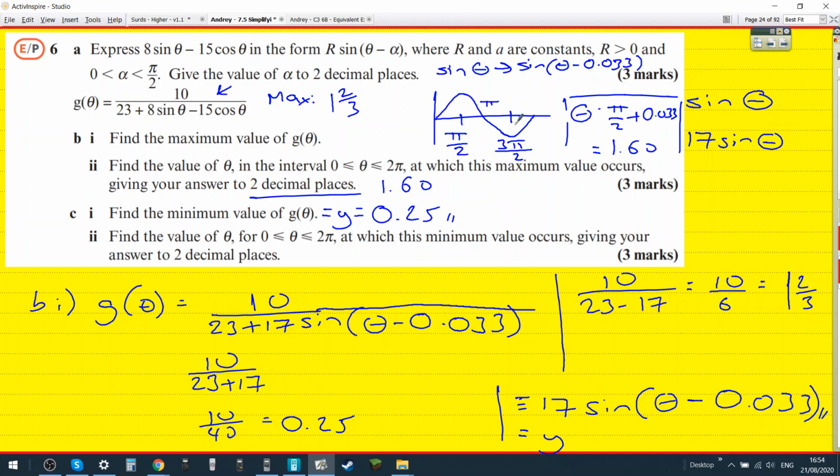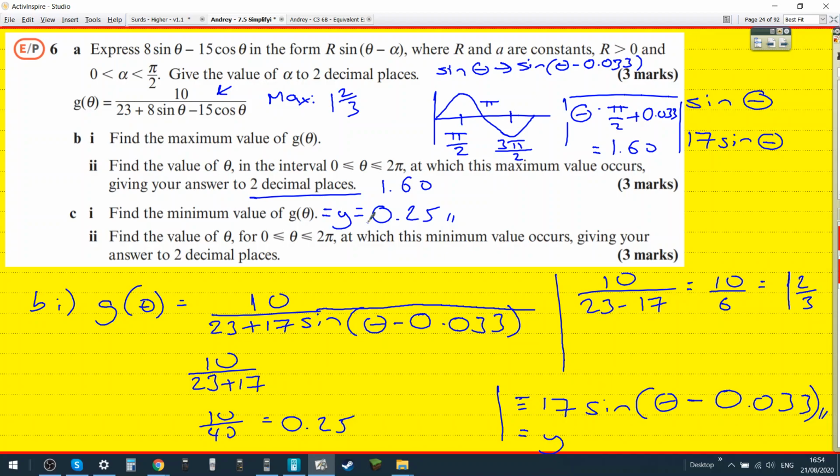So usually the minimum is at 3 pi over 2 for this one. For this one, it will be sine 3 pi over 2 minus 0.033.